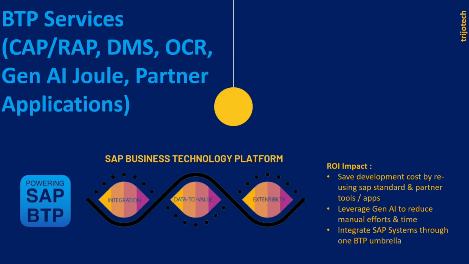When we talk about the other suite of applications in BTP, you have DMS, where you can handle your document management services. You can build your full-stack applications using SAP or app-based approaches. You also have the option to leverage partner-based solutions.